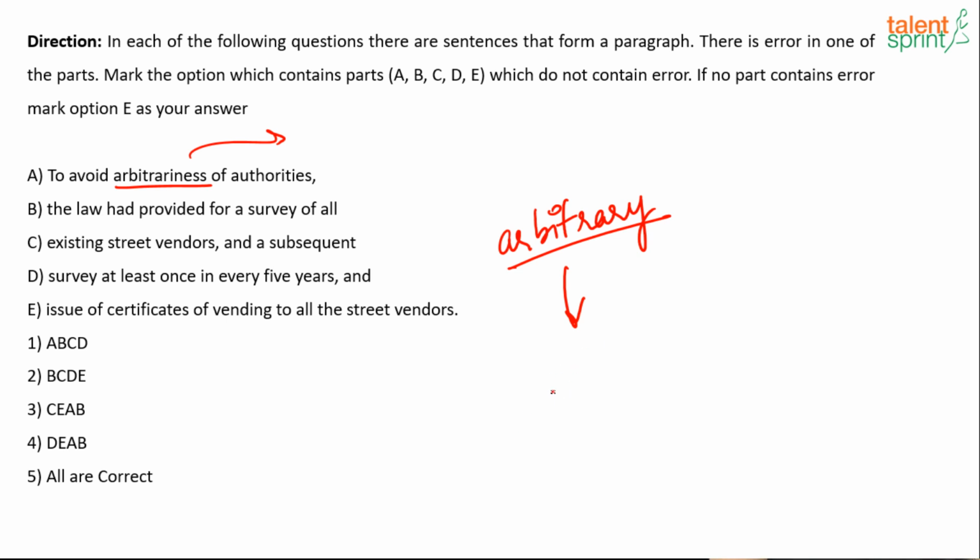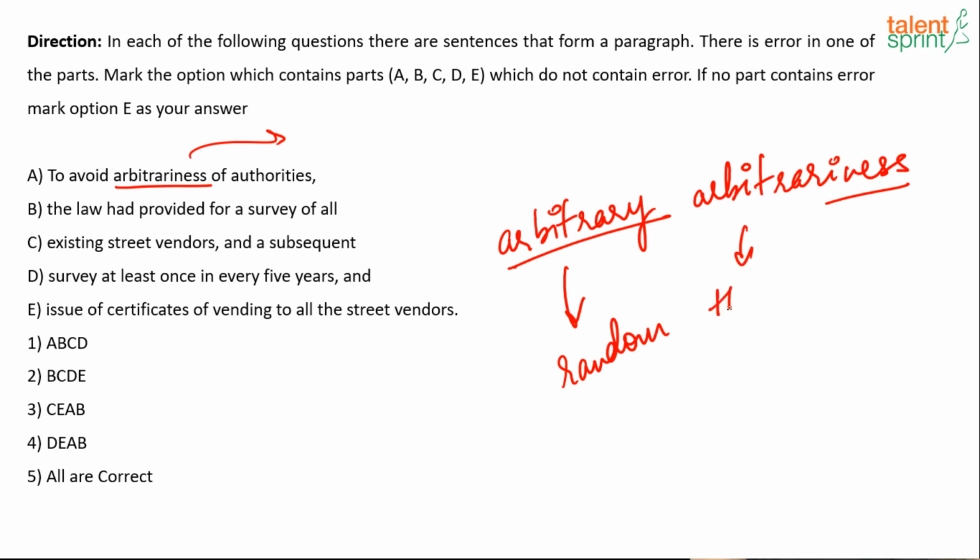So if something is done randomly, it's just random. And what is arbitrariness then? It becomes a noun now. So the quality of being random.